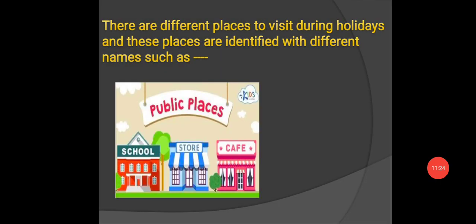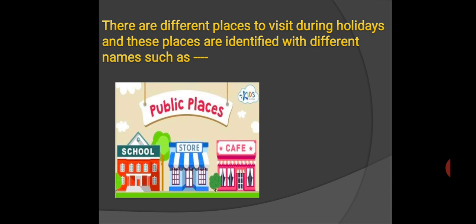So, till now we have seen only one category of nouns, that is the name of a person. In the previous slide we saw four different pictures that tell us how a person is identified with names. Now the second most important topic is about places. There are different places.